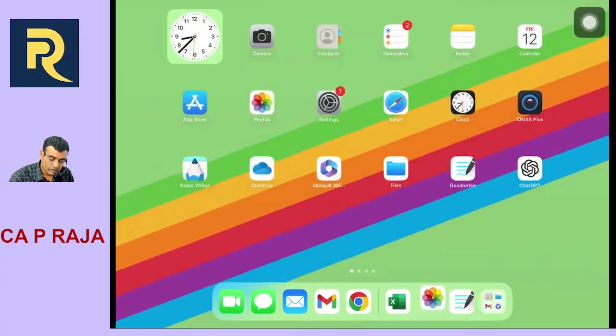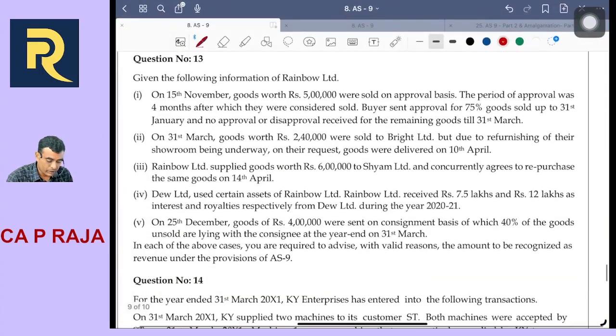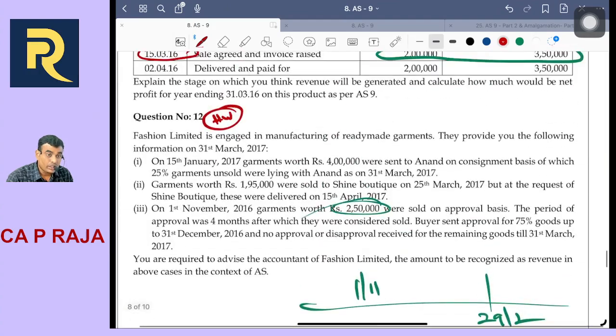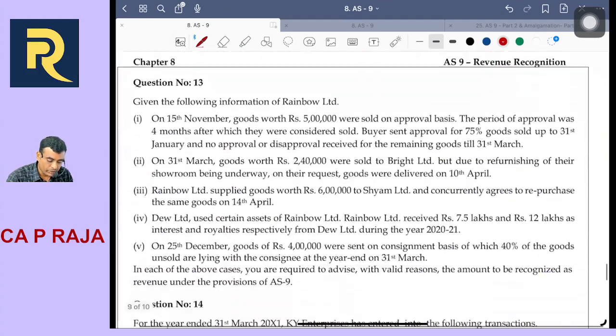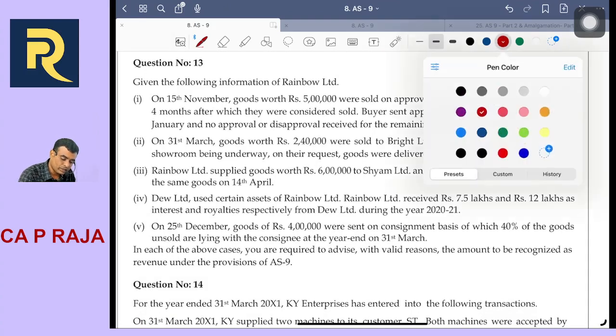Now, come to question number 13. I think question 12 you are able to do. Now, over to question number 13. 13 also you can do. This is not new for you.